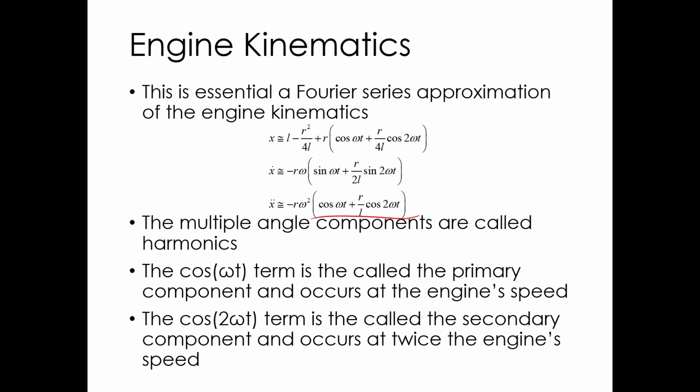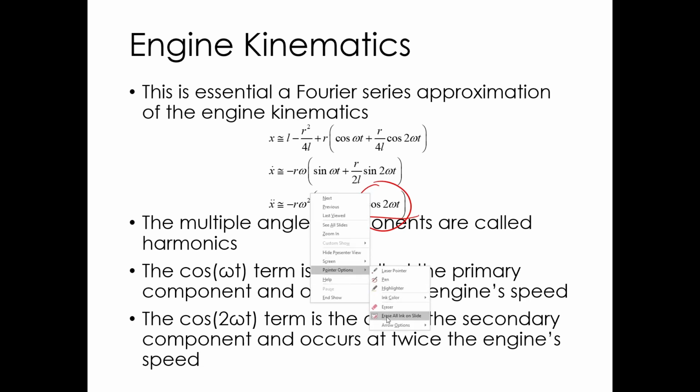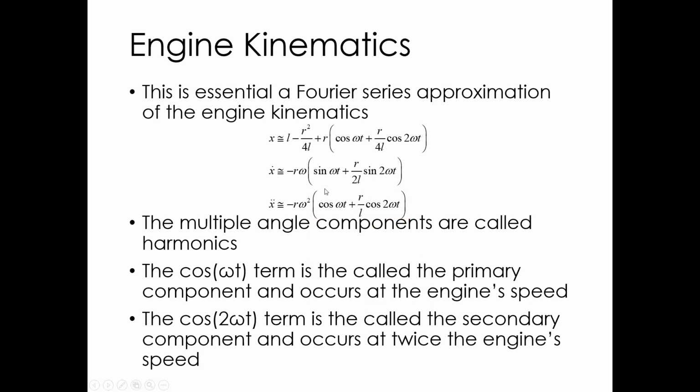The higher order things here are called harmonics. I'm not a musician, but in the world of musical instruments, take a guitar: you'll pluck a string, and there'll be the primary frequency, which is based on the length of the string and its tension.